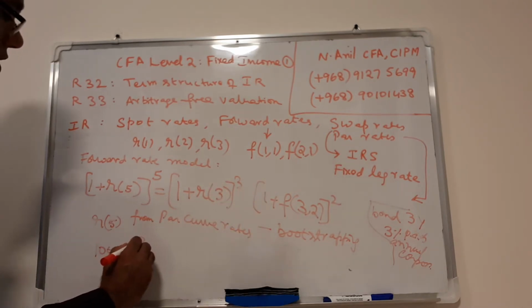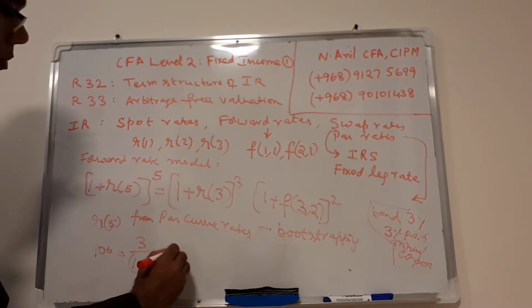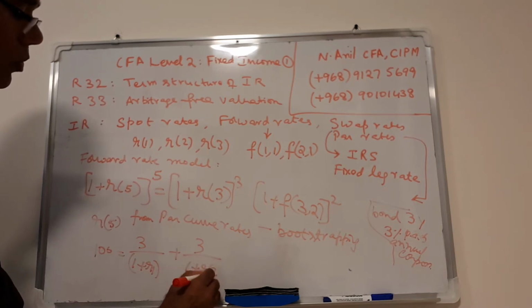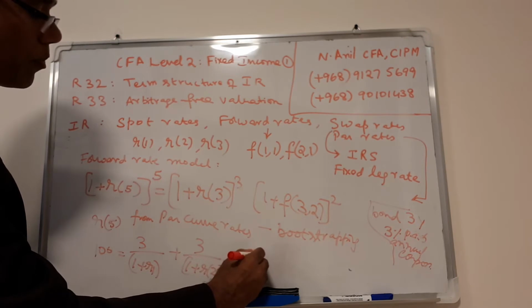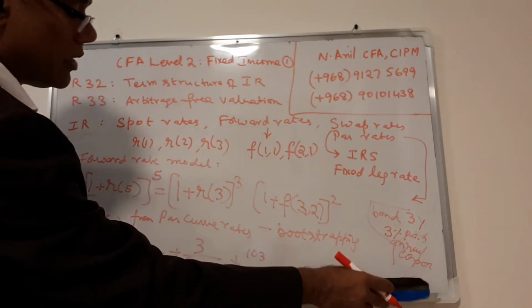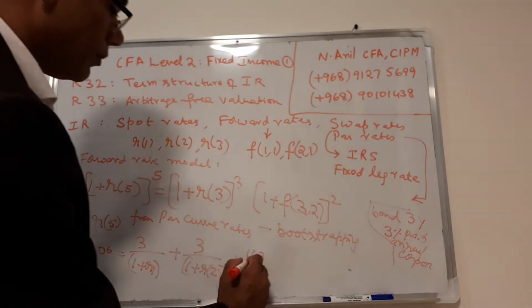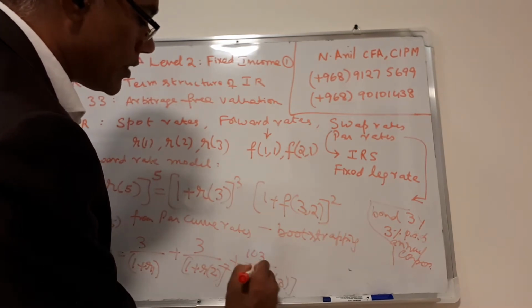Say each year they pay out 3 divided by (1 + R1), plus 3 divided by (1 + R2) squared, and in the final year the principal also is paid back. So 103, 100 plus 3, divided by (1 + R3) cubed. This is the discounting.